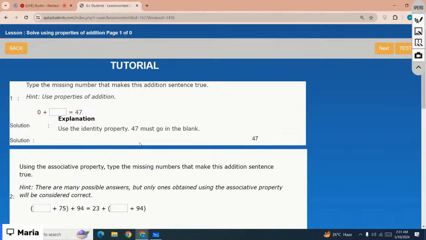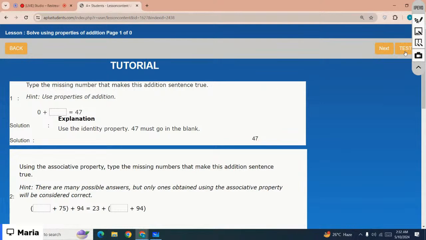Type the missing number that makes the addition sentence true. 0 plus what number equals 47?